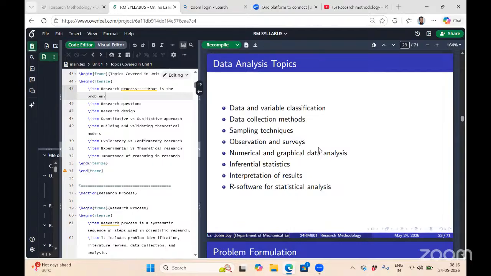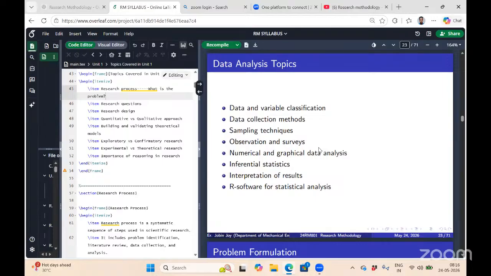So sampling technique, what is sampling technique? Sampling technique means we have a large population. From the large population, we will be taking a small, representative sample, and conducting experiments on those samples, and we will be predicting the result to the entire population. That is what is called a sampling technique.